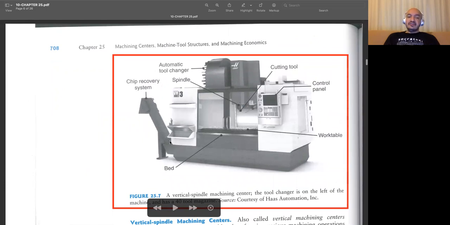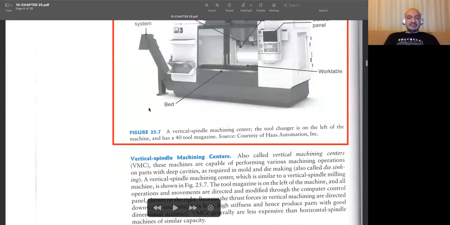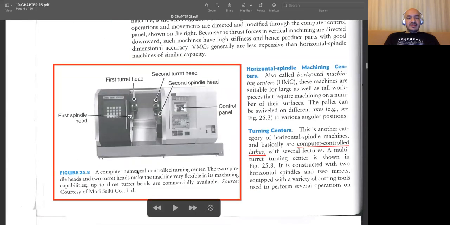In order to make it a sustainable manufacturing operation, they usually have a special chip recovery system. The chips generated are collected here and then recycled. It's another type. This is not a milling center. This is a turning center, but the components are almost the same.